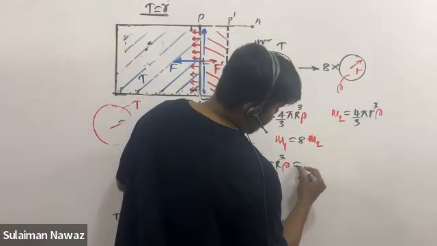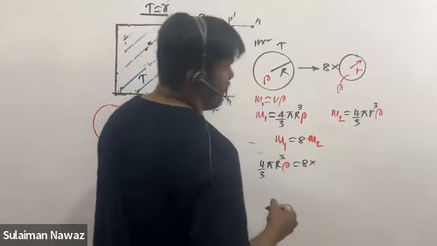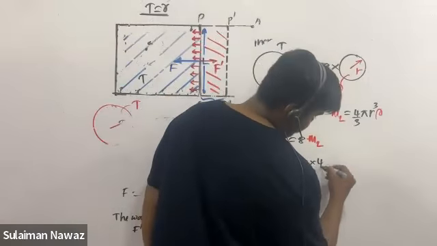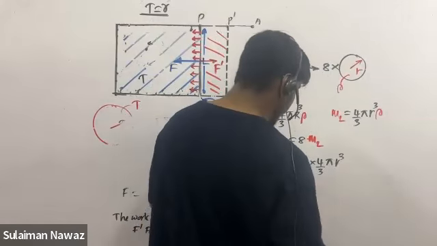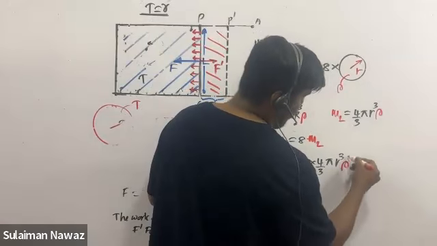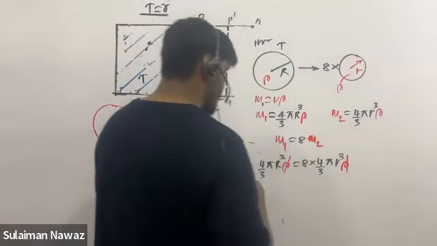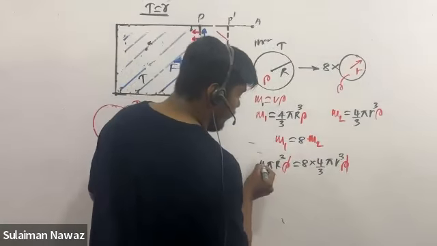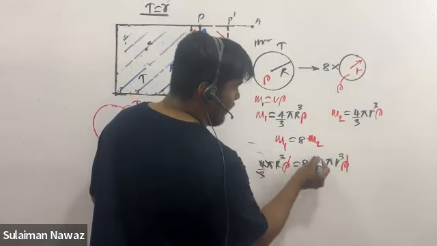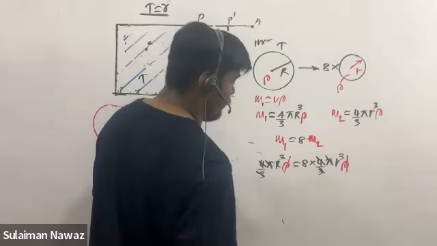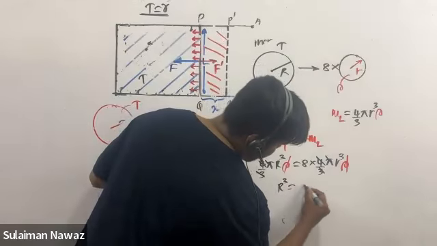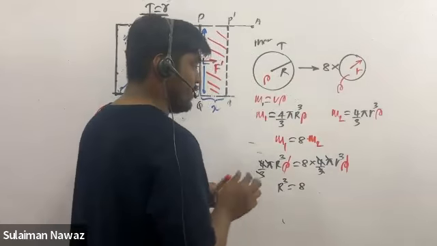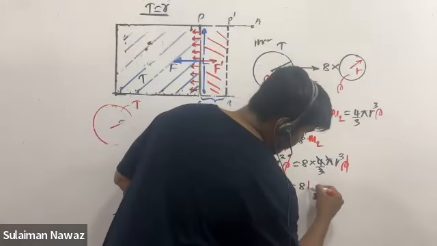What is M2? 8 into 4/3 pi r cube, density rho. Rho cancels out, 4/3 pi cancels out. Then I am getting that capital R cube equals 8 simple r cube.